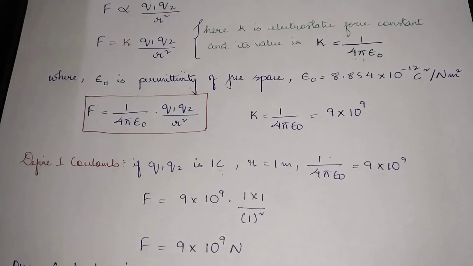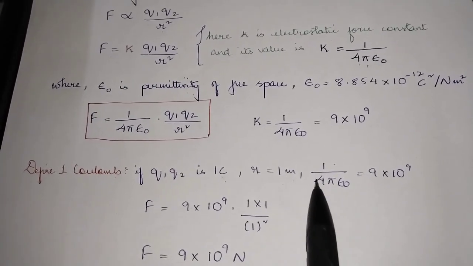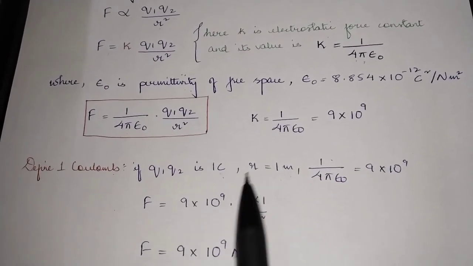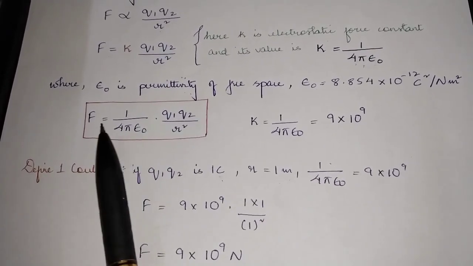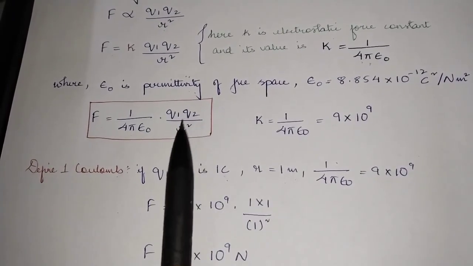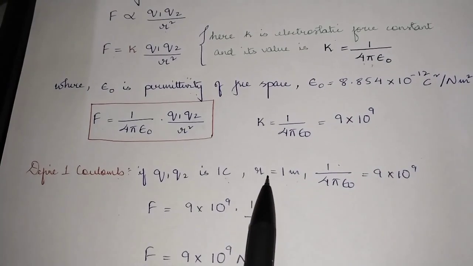Now if we consider Q1 and Q2 to be 1 Coulomb, r to be 1 meter, and the value of 1 by 4 pi epsilon naught, which we found out to be 9 into 10 to the power 9, when we substitute all these values in this equation, F is equal to 9 into 10 to the power 9, the charge of Q is 1 Coulomb, and the distance between them is 1 meter.